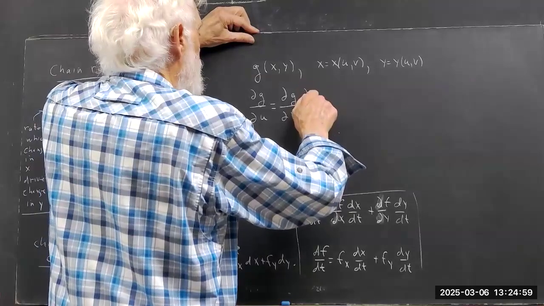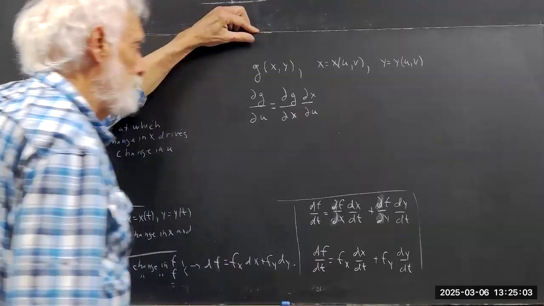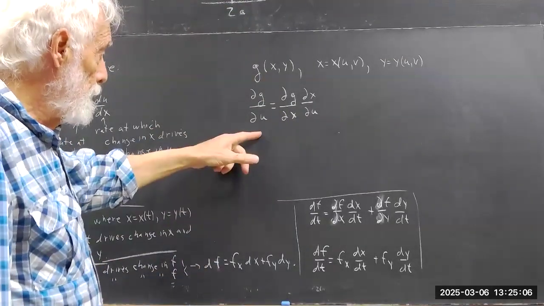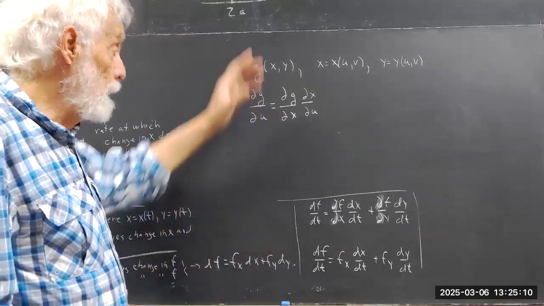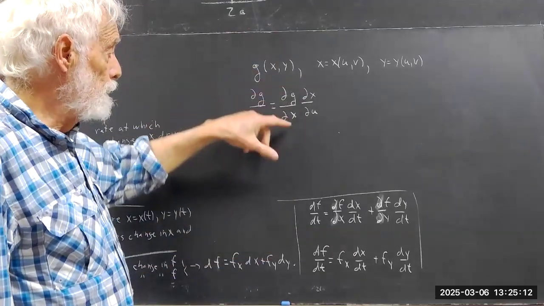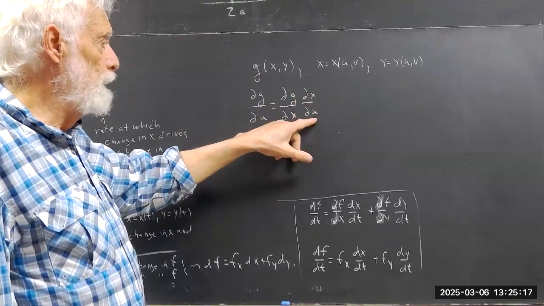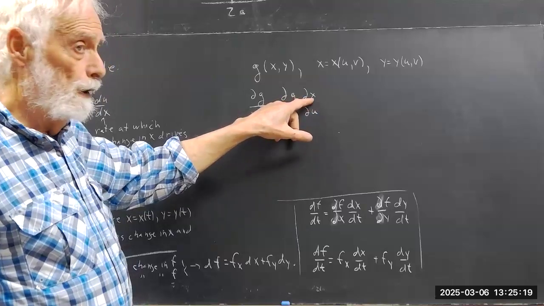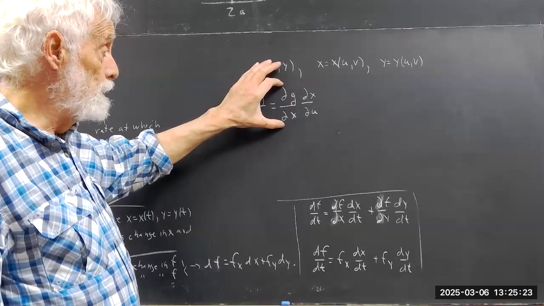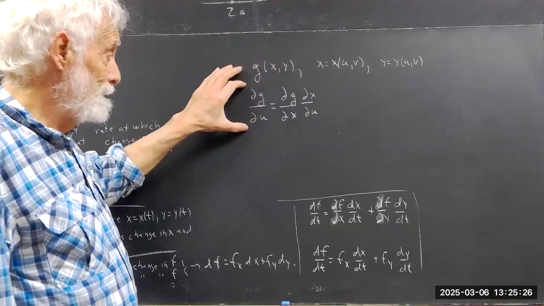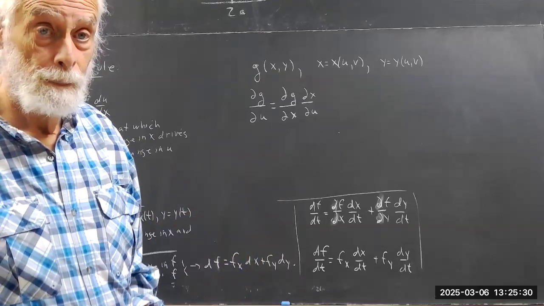Okay? So you have to multiply that by the partial of x with respect to u. U changes a little bit, so g changes. Why does g change? Well, part of it is that g changes with respect to x, which changes with respect to u. So whatever that change in u is, determines the change in x. And then you multiply that by the rate at which g changes with respect to x to get the rate at which g changes with respect to u.